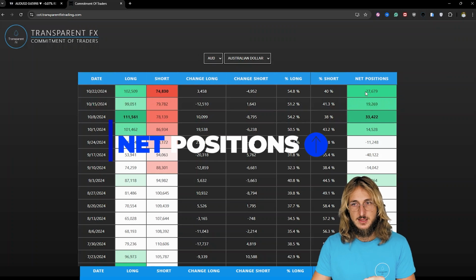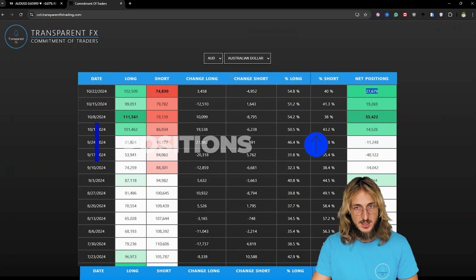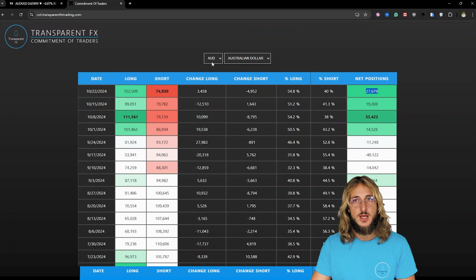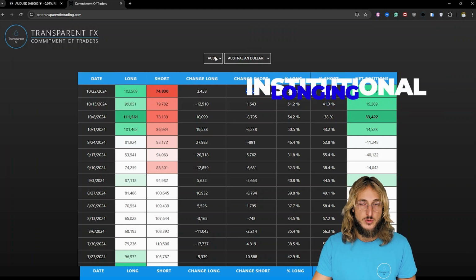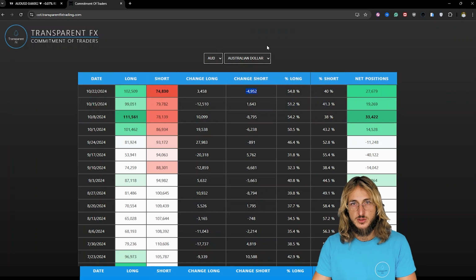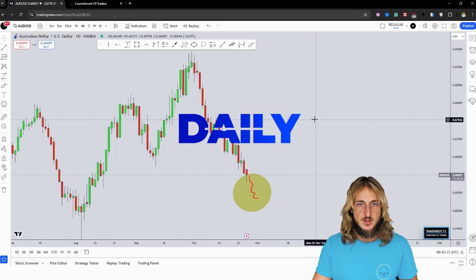Precisely, we went from 19k to 26.6k net positions, with institutions on AUDUSD adding 3.4k longs and closing 4,900 shorts. So this starts to show how institutions are now moving back to the bullish side for AUDUSD, therefore making it stronger. So let's keep all of this in mind and move back to the chart.